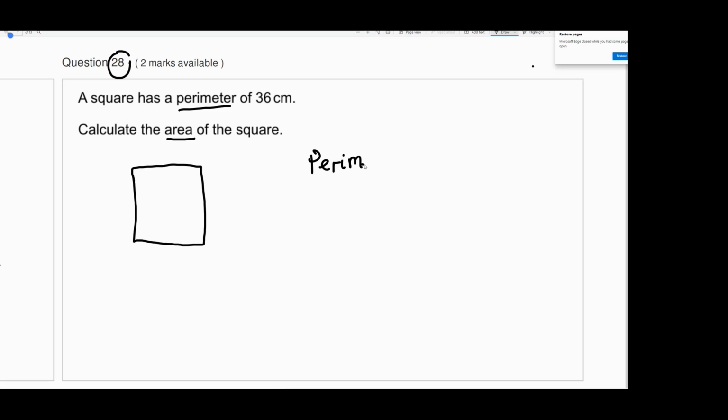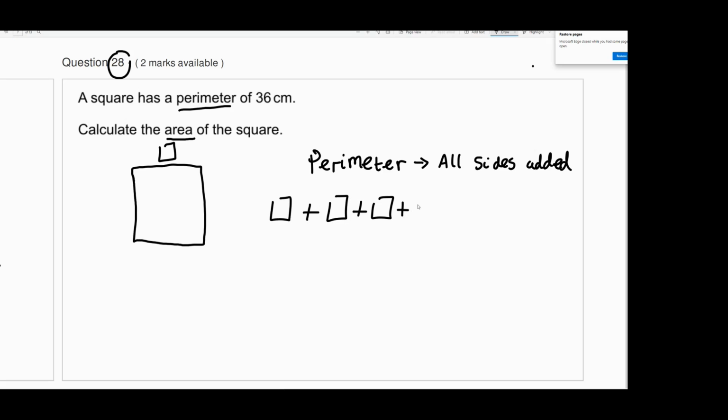Now, how do we get the perimeter of a shape? Well, the perimeter is what you get when you add up all of the sides of the shape. Okay? Yeah, fantastic. Plus all the sides, brilliant. So what we're looking at is when you add up all the four sides of this square, you get 36.